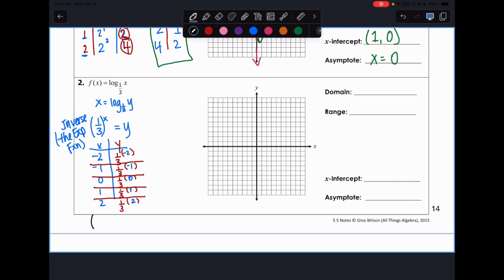I want you to put parentheses, 1 divided by 3. Close the parentheses. Then you're going to use the up button or the caret button to put negative 2.